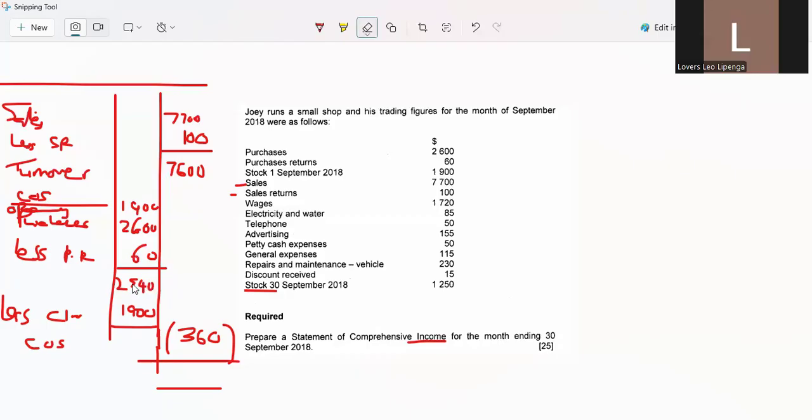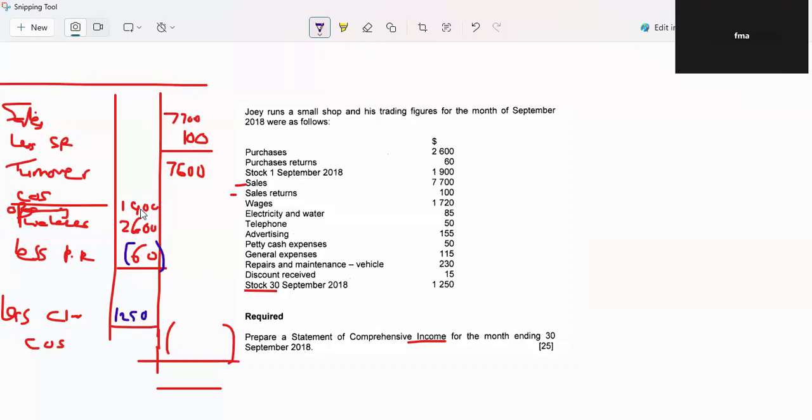It's good if you make the mistakes now, better than in the exam. True, sir. So add this and subtract what? Purchase returns. Opening stock plus 2,600 minus 60. It's supposed to be 1,250.